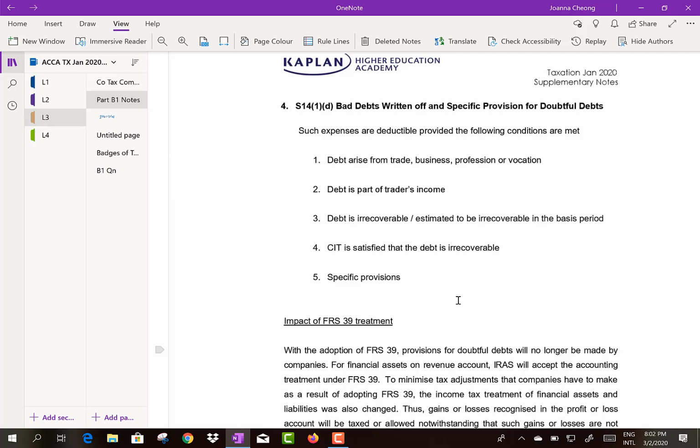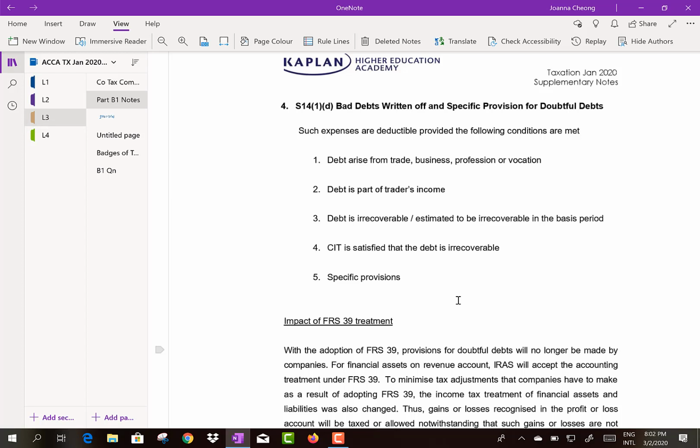Now for those of you who have studied ACCA, the earlier paper, you have heard things like specific provision and general provision, right? So whenever a business makes general or specific provision, all these will also be recognized as expenses in a P&L. Yeah, so will such expenses be deductible? So we have to look through all this, right?